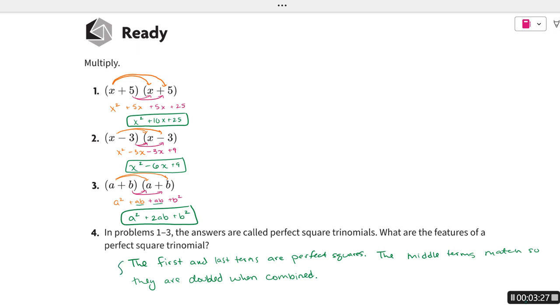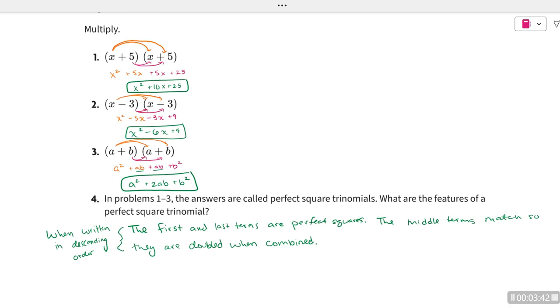Now this is all when written in descending order. So what it gives us is this a squared, and it'll always be positive because we're multiplying two things by each other, so it's going to come out to positive.